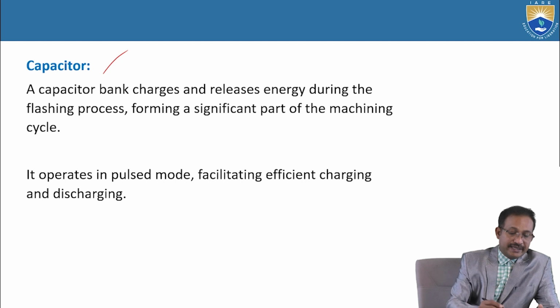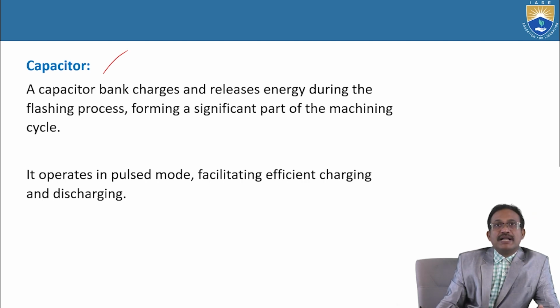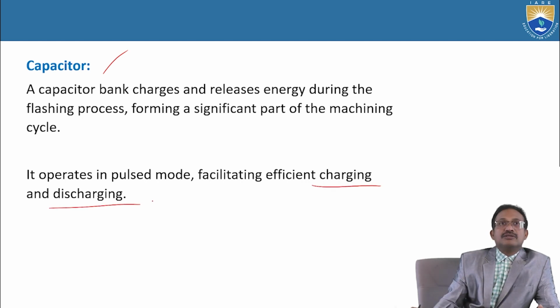It operates in pulsed mode, facilitating efficient charging and discharge. So here the capacitor enhances its capacity whenever it needs, and it stores the energy. Whenever it is not required, it will store constantly.